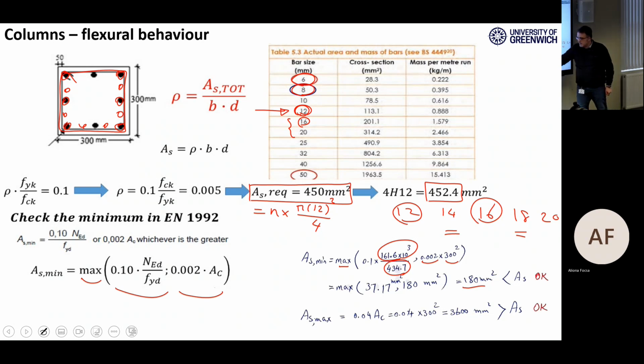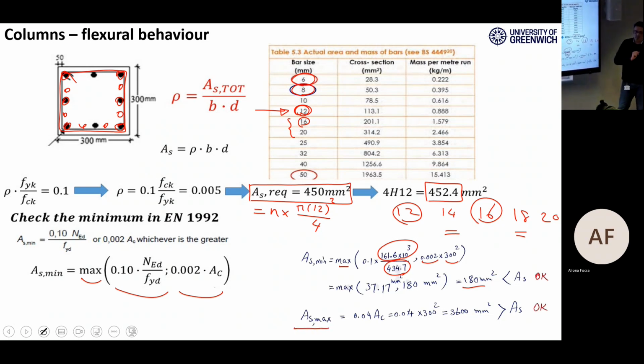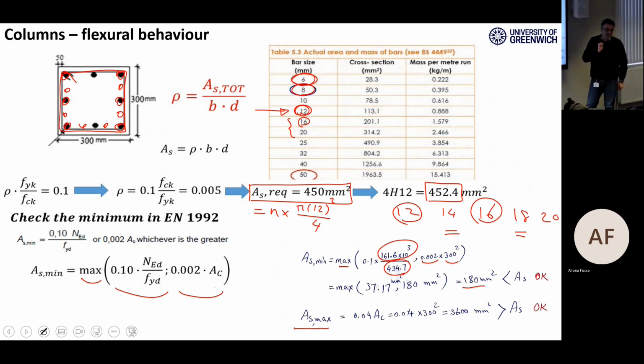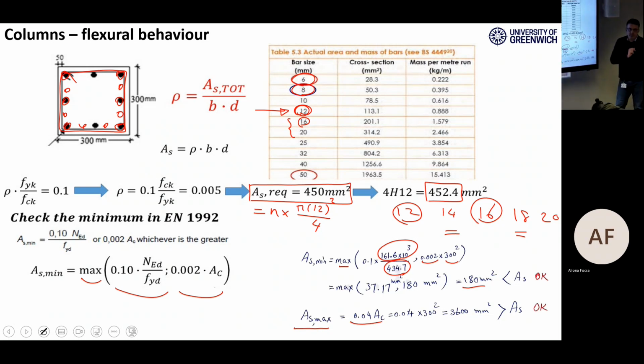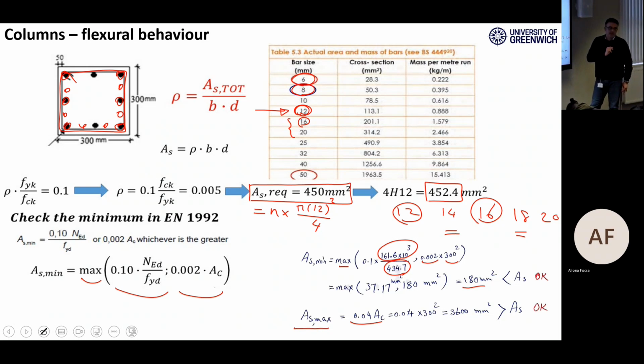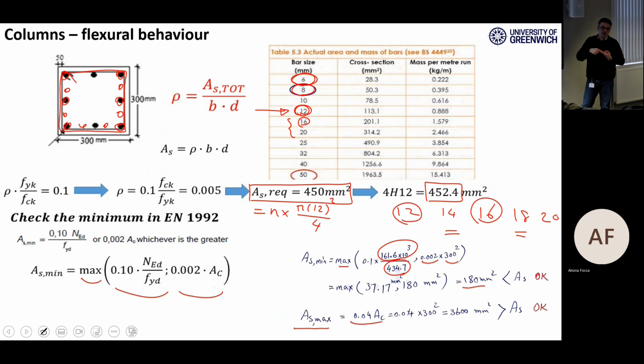And the maximum value is this one, which should not be crossed. So it's again 4% of your area. Or better said, if you are using the overlap technique of the reinforcement, it should be 2%, right?